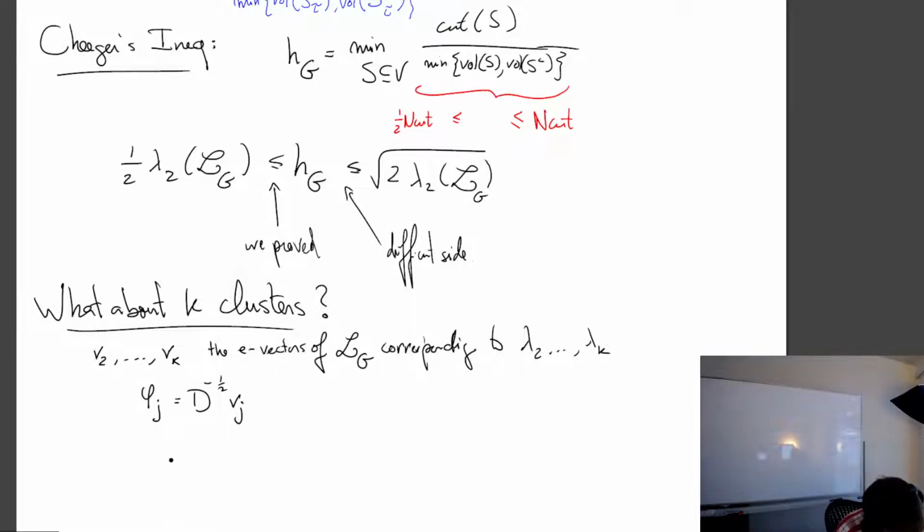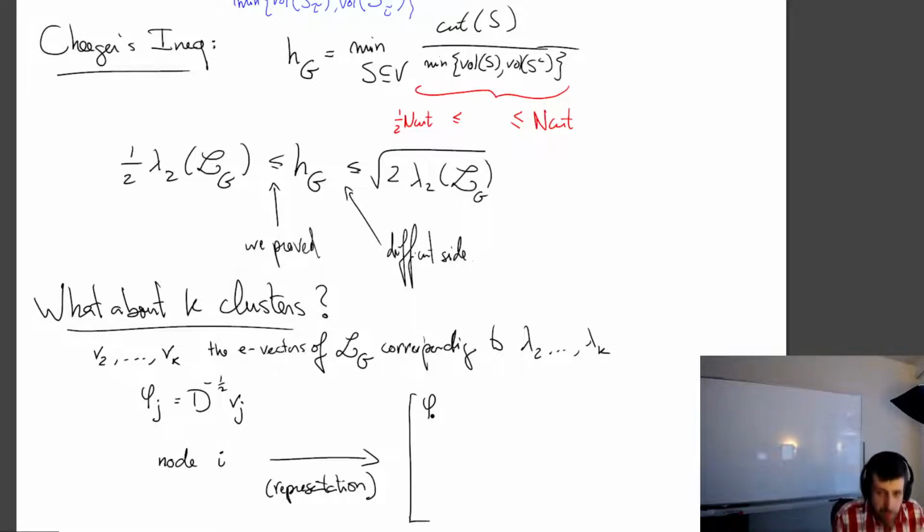Now you do the following. You take node i, and think of this as a representation in the following way. Remember, the first eigenvector is very boring, because it corresponds to the whole ones vector. It says nothing about the geometry.